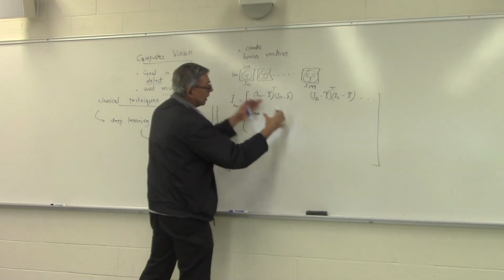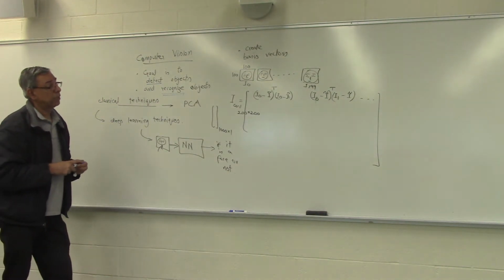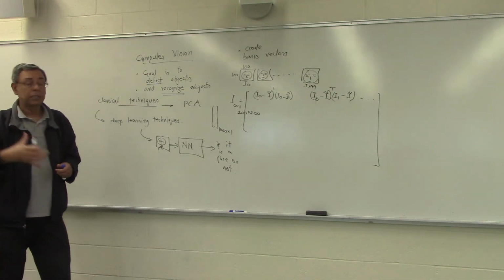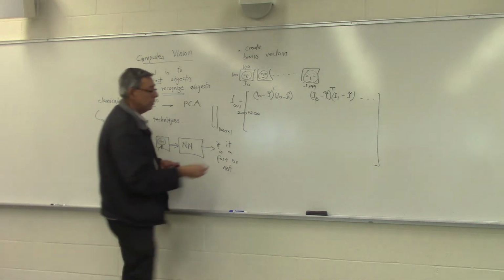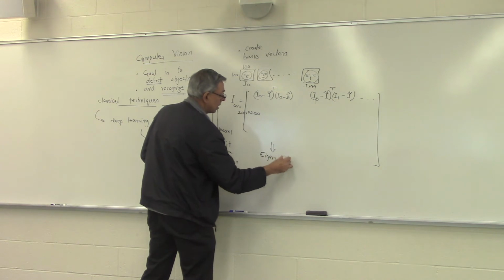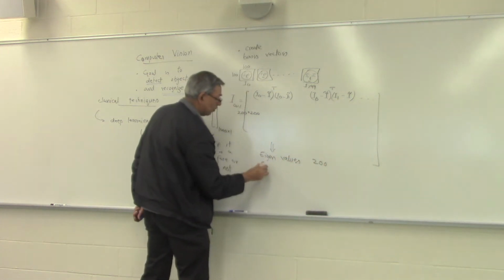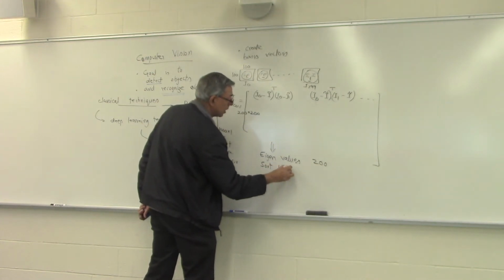And as you can see, what it's doing is, it is giving us the relationship between one image to the other image. And then we compute basically the eigenvalues. So in this case, there will be 200 of these. We sort by magnitude.